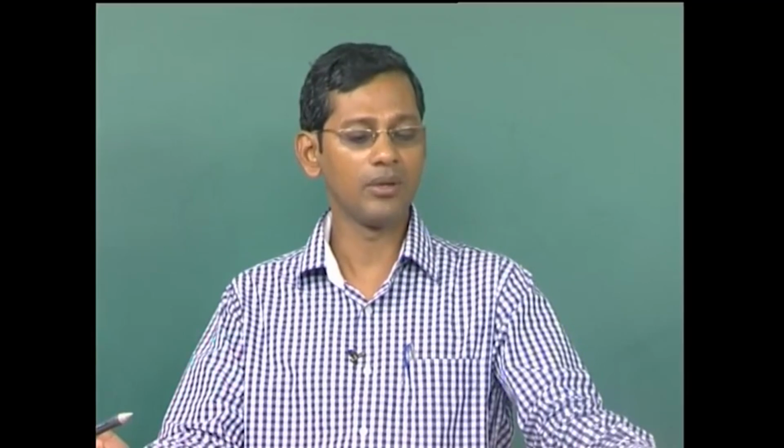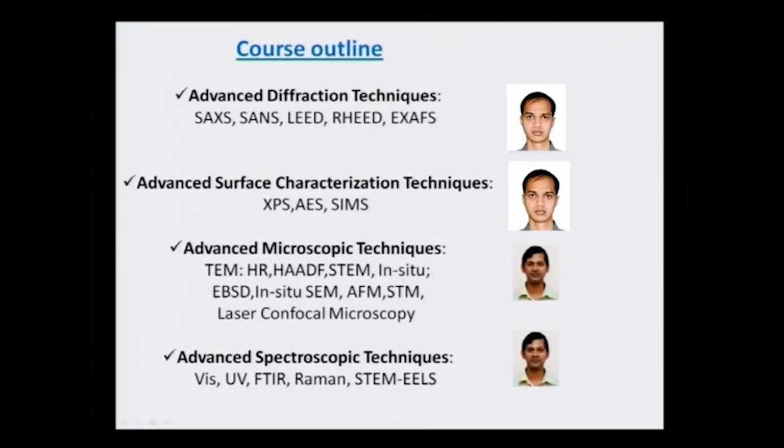In the microscopic techniques, we are going to discuss in detail transmission electron microscopes, including high resolution, high angle annular dark field imaging, STEM, in situ microscopic techniques like in situ SEM and in situ TEM, electron backscatter diffraction, AFM, that is atomic force microscopy, STM, that is scanning tunneling microscopy, as well as laser confocal microscopy. This will be delivered by me and I am going to start the first lecture of this in the next one.